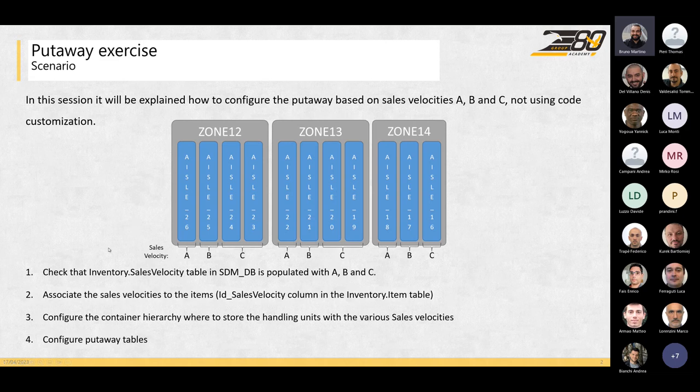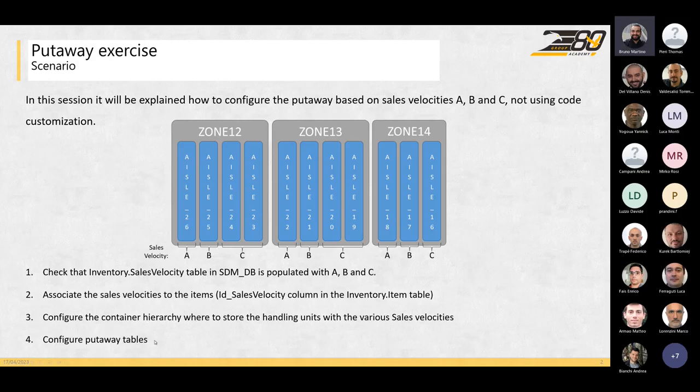First of all, check if in the inventory sales velocity table we have these three sales velocity records, and that at least an item for sales velocity is connected to a sales velocity. In this case, I have already done these two steps for you, so we can jump to the third point.